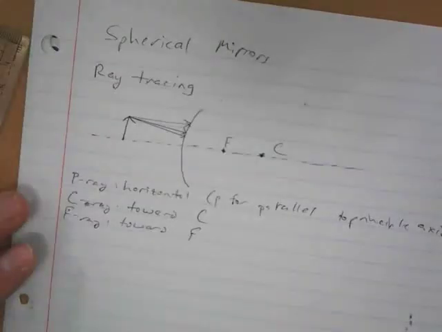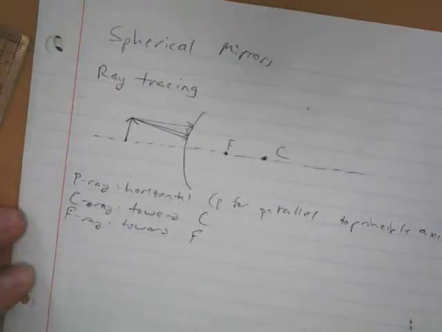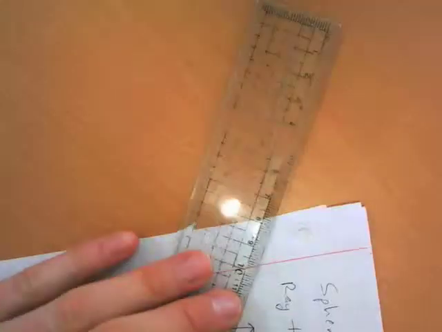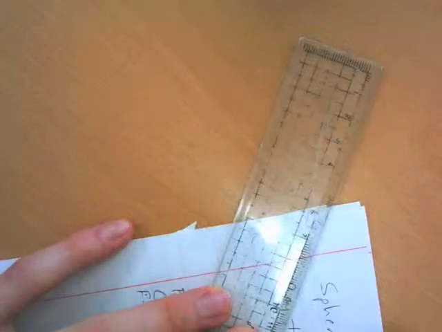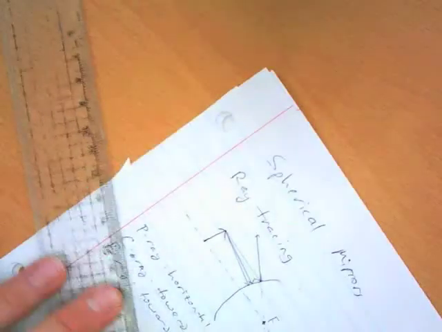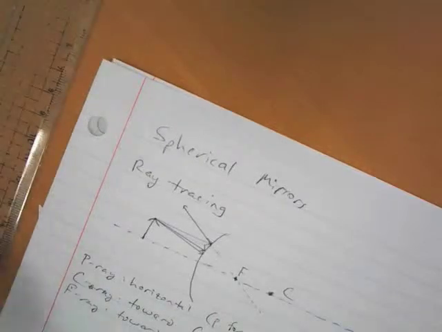Now what's going to happen? Well, the P ray is bounced back along the line that goes toward the focal point. So the P ray will go back this way, and I'll extend that line. Now the one heading toward the focal point will kind of do the opposite.